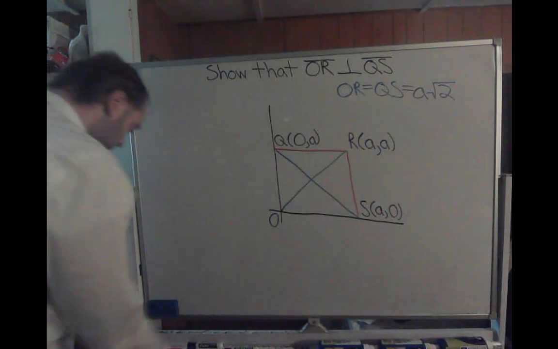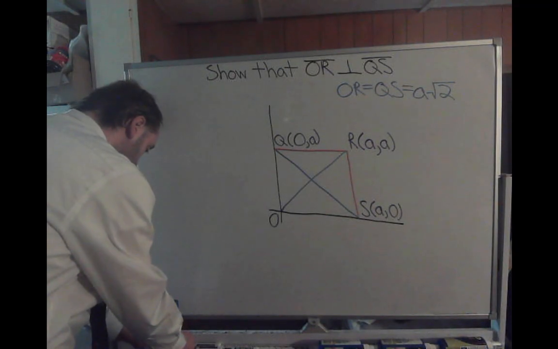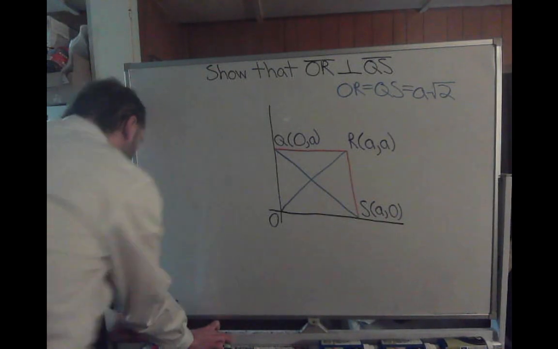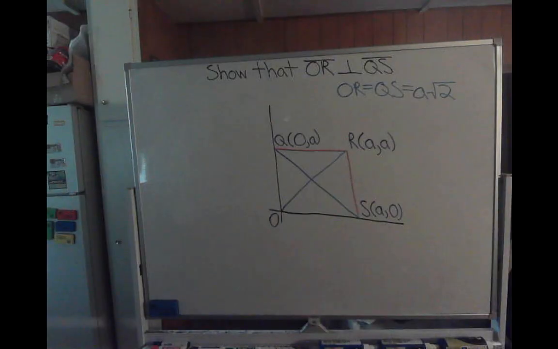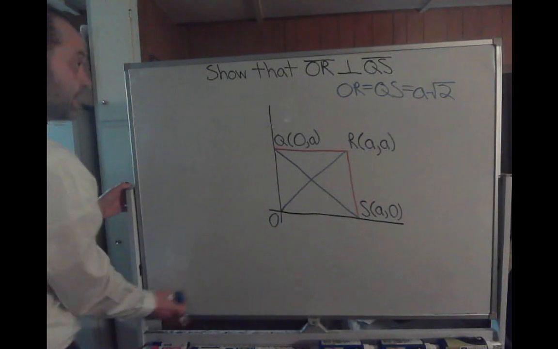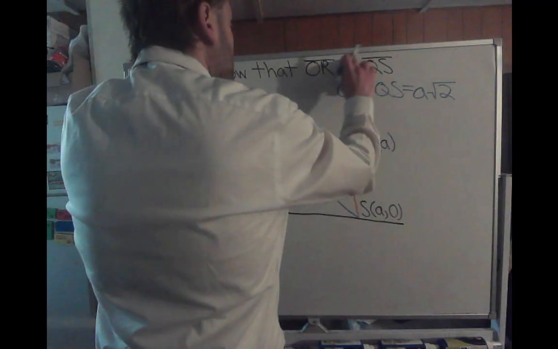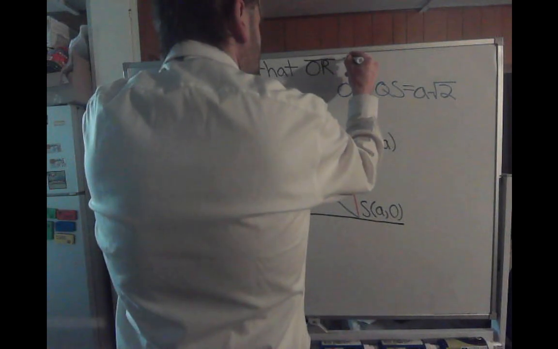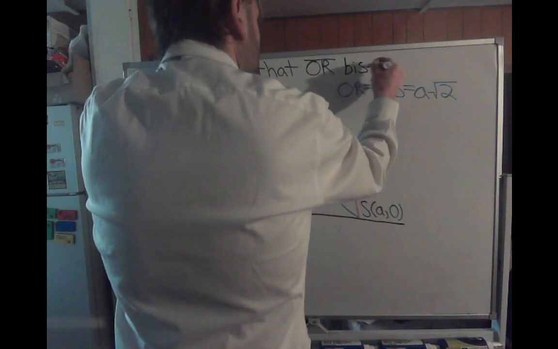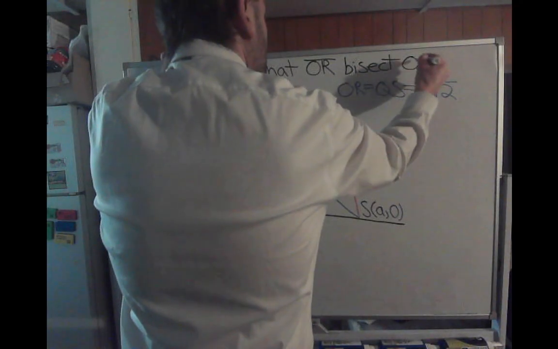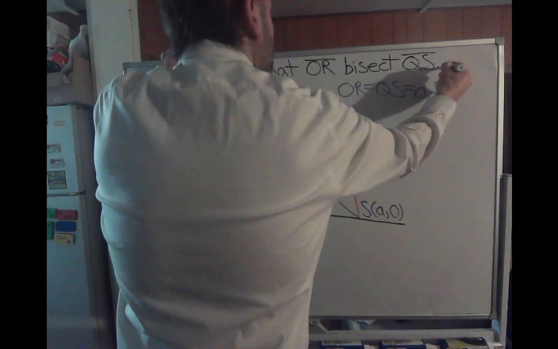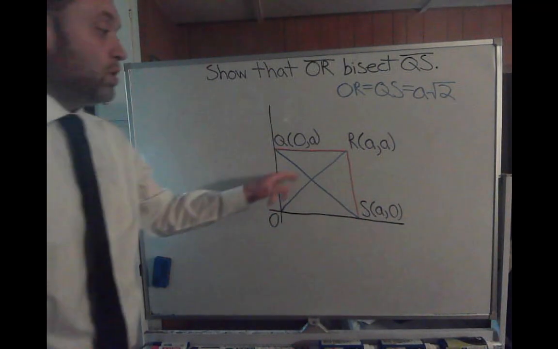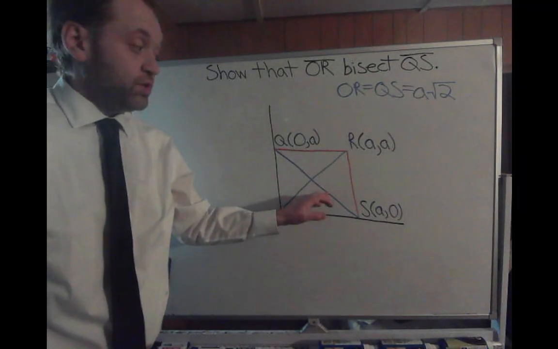Alright. What are we out to prove here? Show that this time we want to show that diagonal OR bisects diagonal QS.